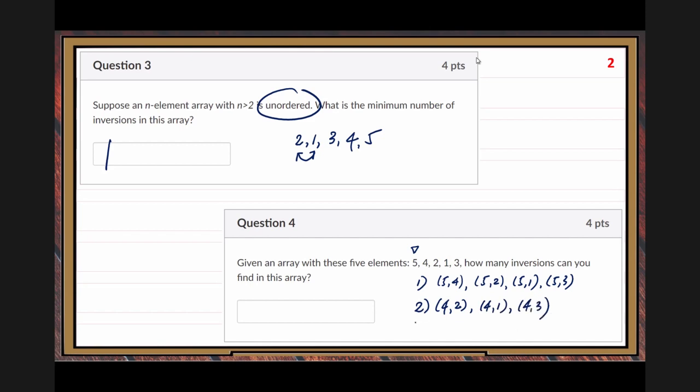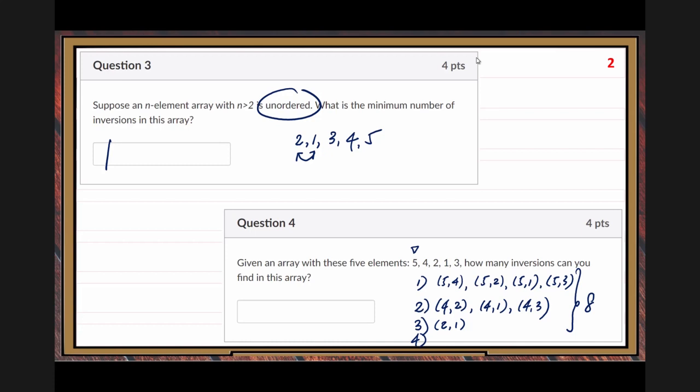Then start with 2: 2, 1, but not 2, 3. The next one, 1, 3 is not inverted. So nothing, nothing. 8, right? Total number 8.